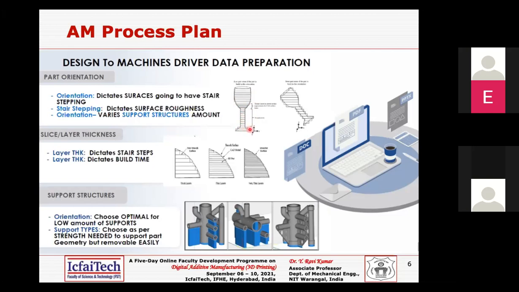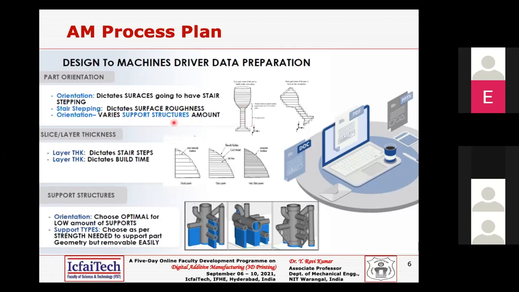But wherever you have a free-form surface where you need to anticipate the staircase effect, how do you tackle it? You cannot eliminate it, but you can minimize it, maybe by manipulating layer thickness, one way of doing it, or by adapting a different slicing algorithm or slicing method. We'll discuss that in the upcoming slides.